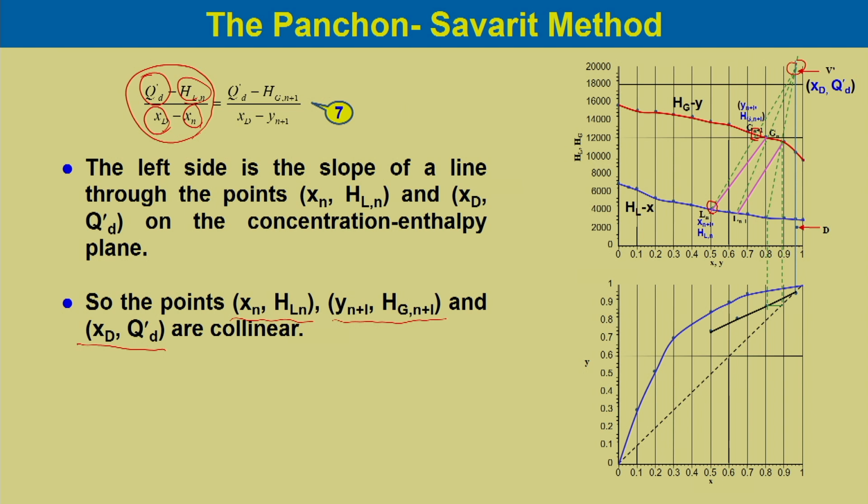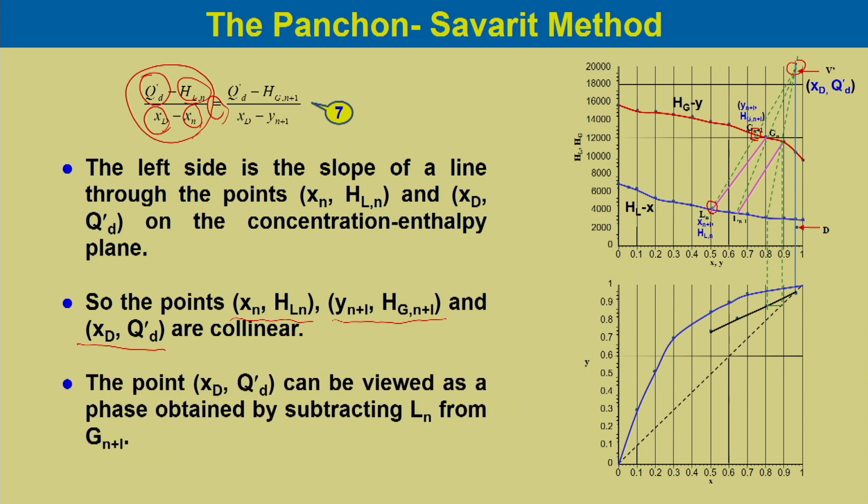The right hand side is another slope of a line having two different points: the vapor enthalpy and composition point and the fictitious point Xd Qd dash. So, these three points should be collinear because their slopes are equal.